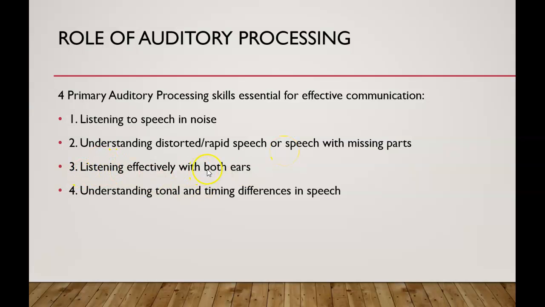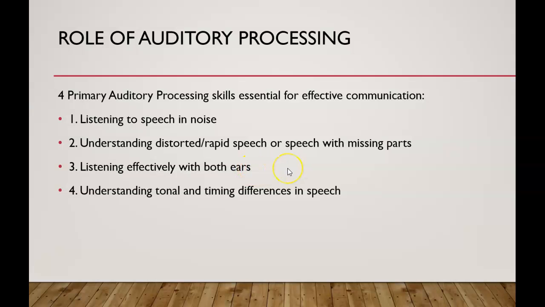The auditory processing system should be able to listen with both ears, receive different input from both ears, recognize that it's different input, and still be able to understand it effectively. Another thing that we call this is dichotic or binaural hearing.